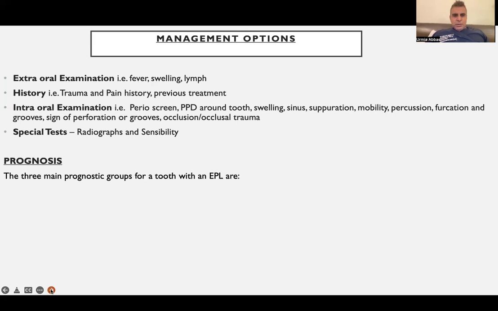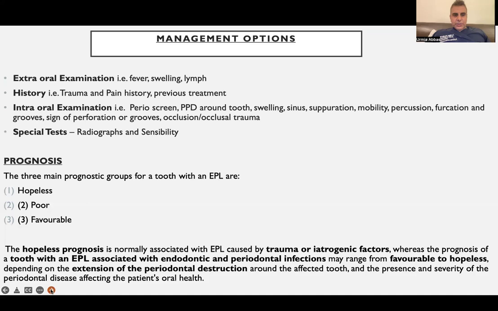And then the main prognostic groups for teeth with endo-perio lesions are hopeless, poor, or favorable. Hopeless mostly are the ones with perforations and all that, so those come under that.